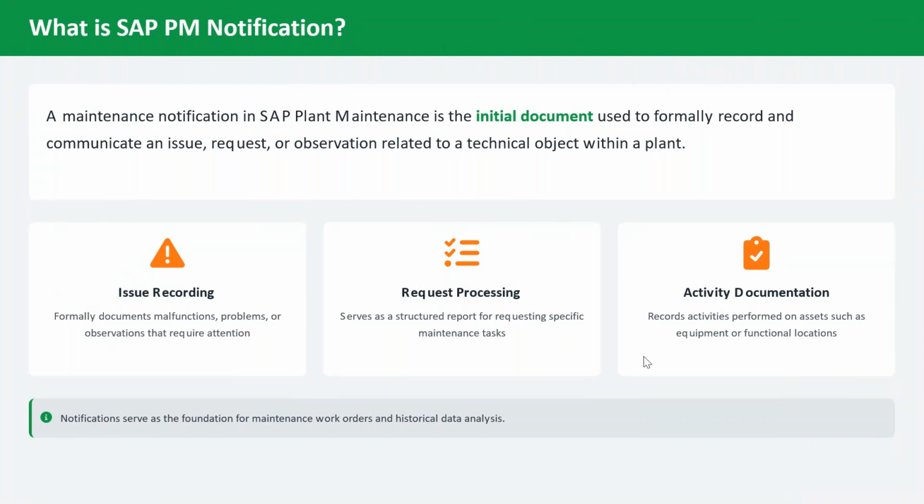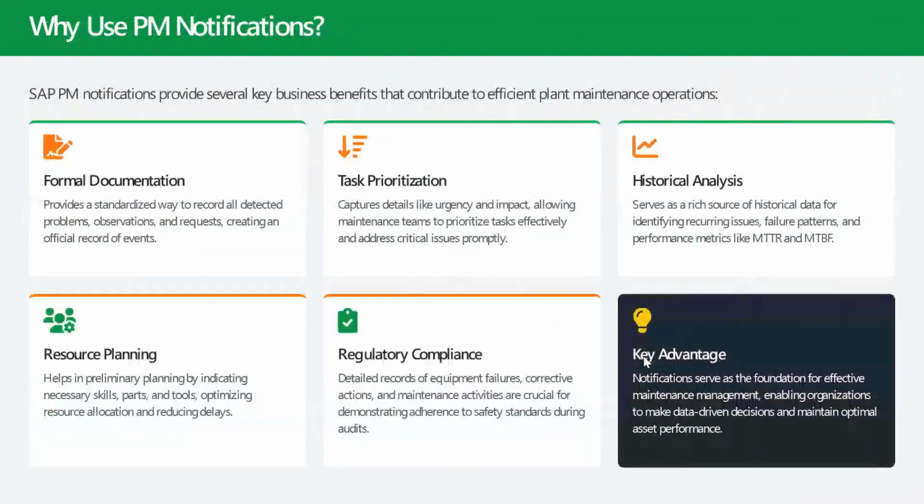You can capture all the activities, or the parts you have replaced, and other related things. If you are not planning to post any financial data, the notification is a sufficient document to capture all this information.